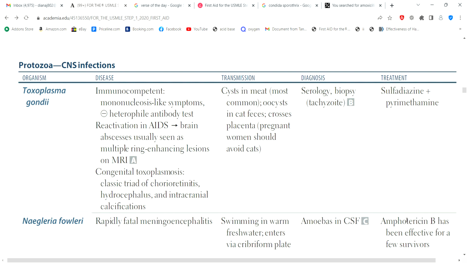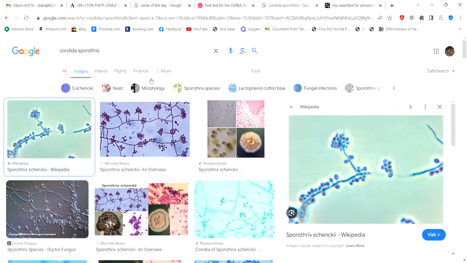Where do you see a positive heterophile antibody test? Heterophile antibodies are detected by agglutination of sheep red cells. So positive, I believe that's EBV. Let's just double check.